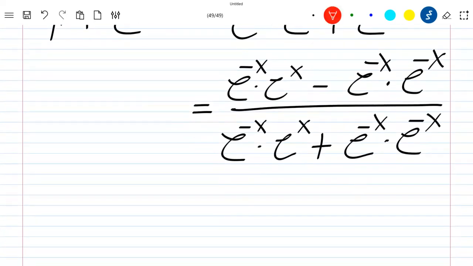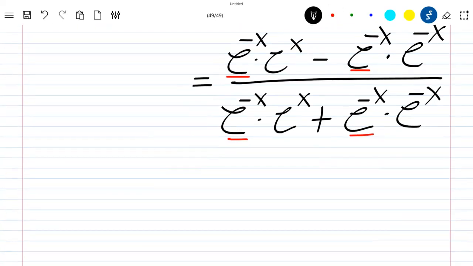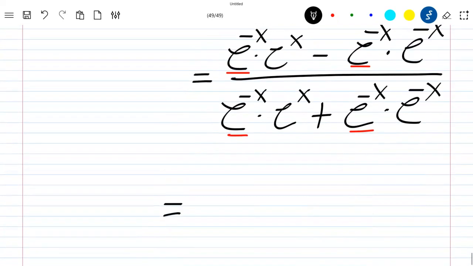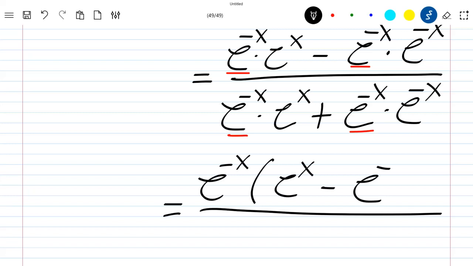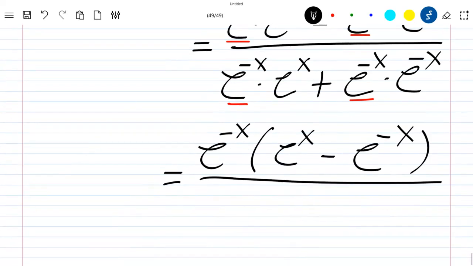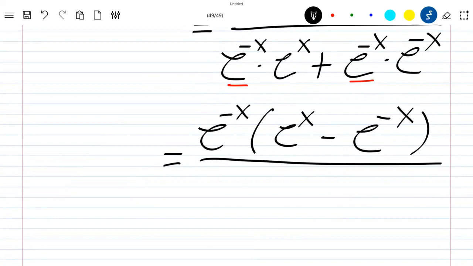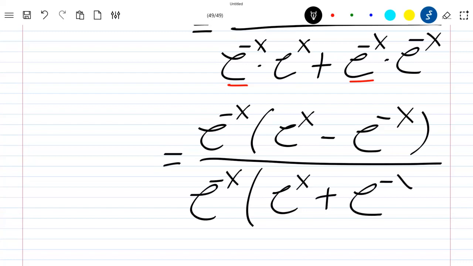So we can see that we have exponential minus x here and here. We can pull it outside. Also here and here we can pull it outside. So we'll just stay with this one, which is exponential minus x times exponential x minus exponential minus x, and down we have exponential minus x times exponential x plus exponential minus x.